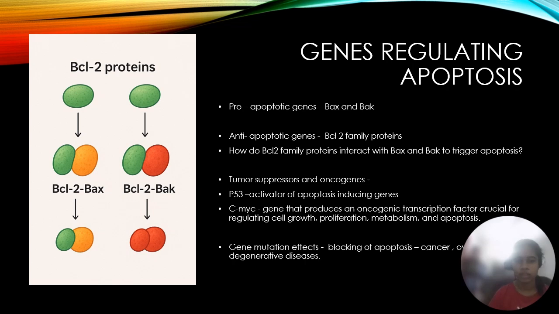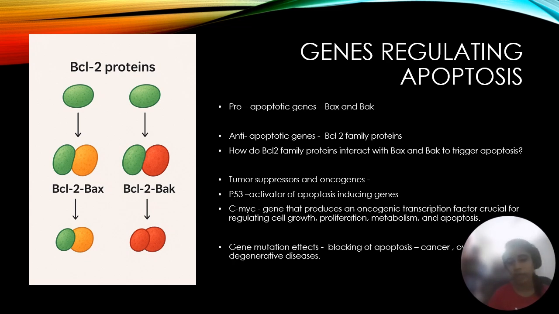Now, gene mutations affect apoptosis. If there is any blockage of apoptosis through mutations, it affects the pathway and the regulation of the process.